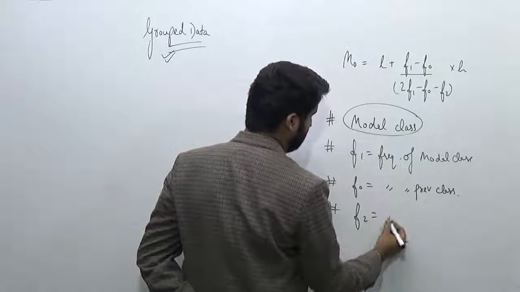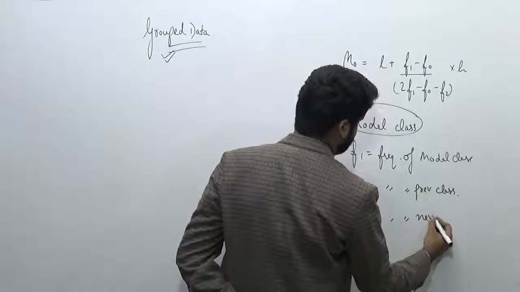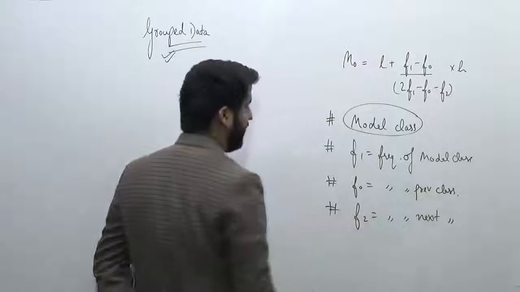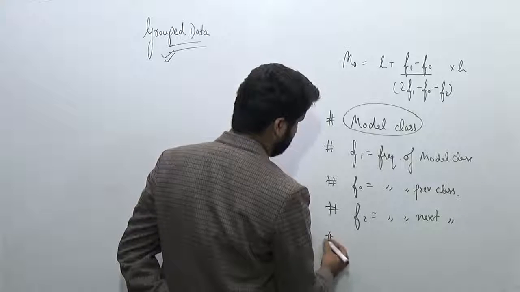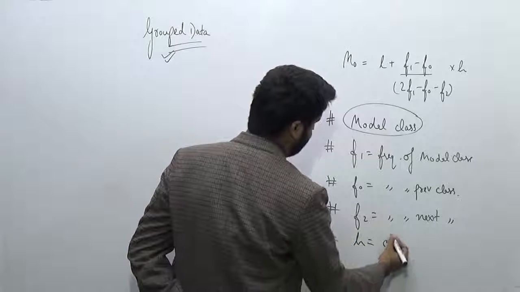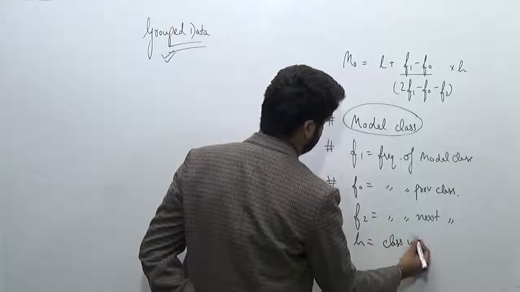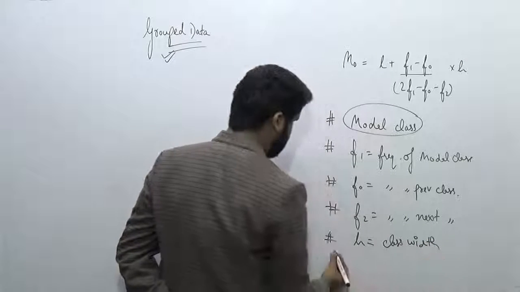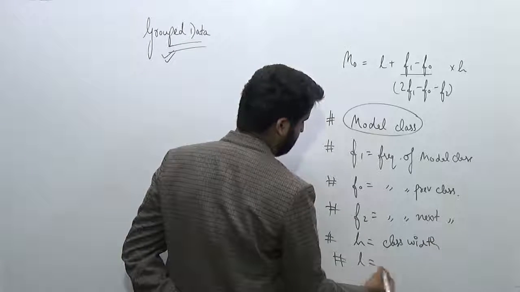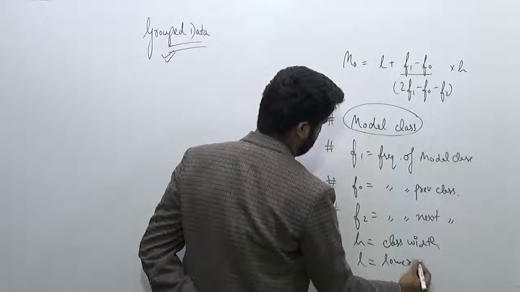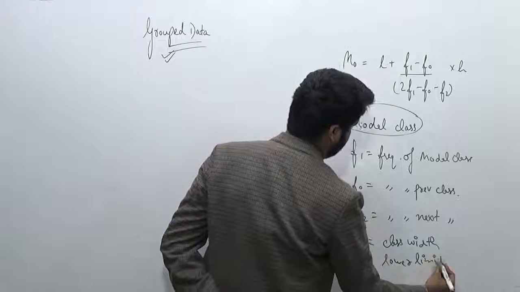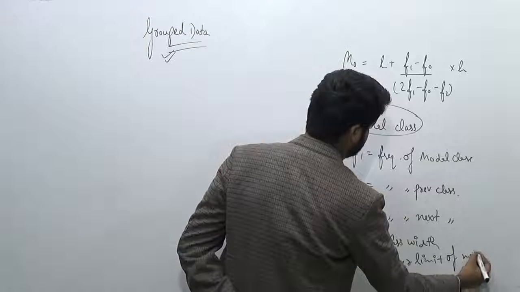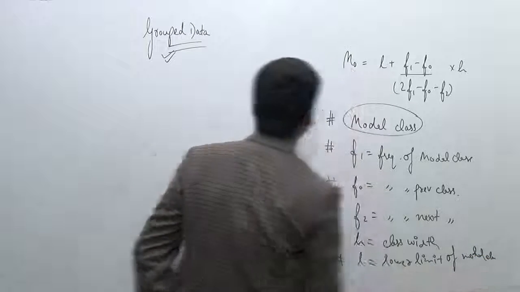F2 will be the frequency of the next class, and H, as usual, will give you the class width, and L is nothing but the lower limit of the modal class. So this is all the data we need.